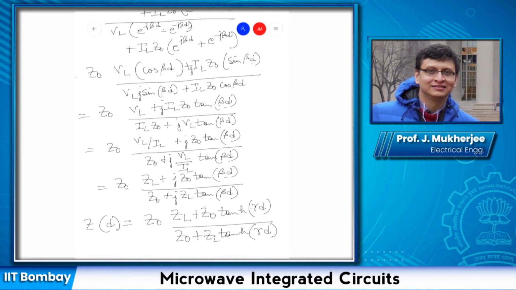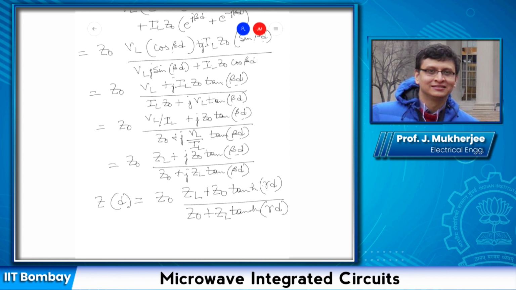That it is periodic. So we can also write this as the input impedance of the transmission line. So input impedance at a distance of d from the load end is given by this equation.